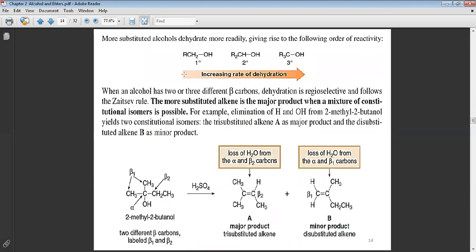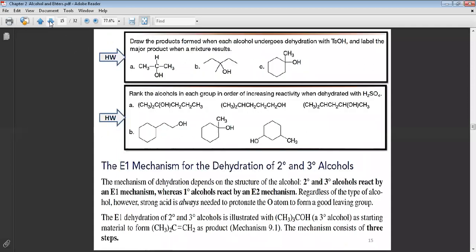Now, more substituted alcohols dehydrate more rapidly, giving rise to the following order of reactivity. More substituted alcohol increases the rate of dehydration. Why?